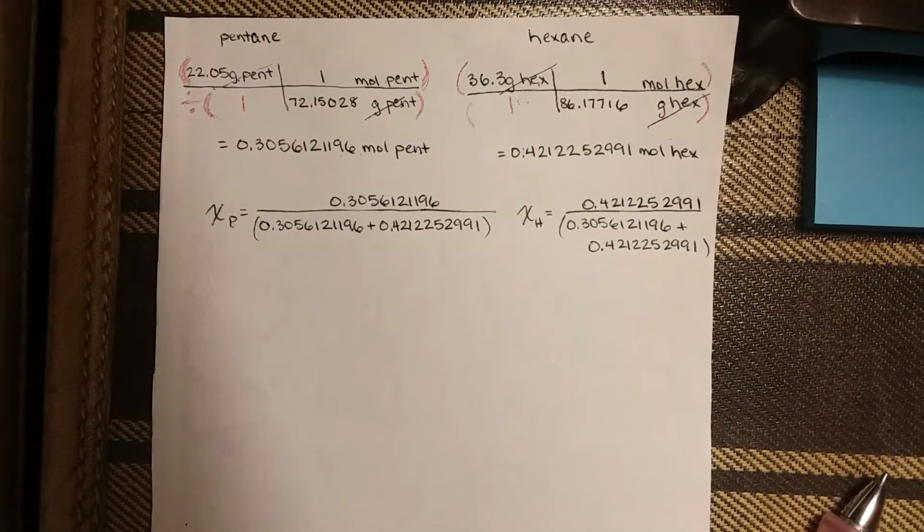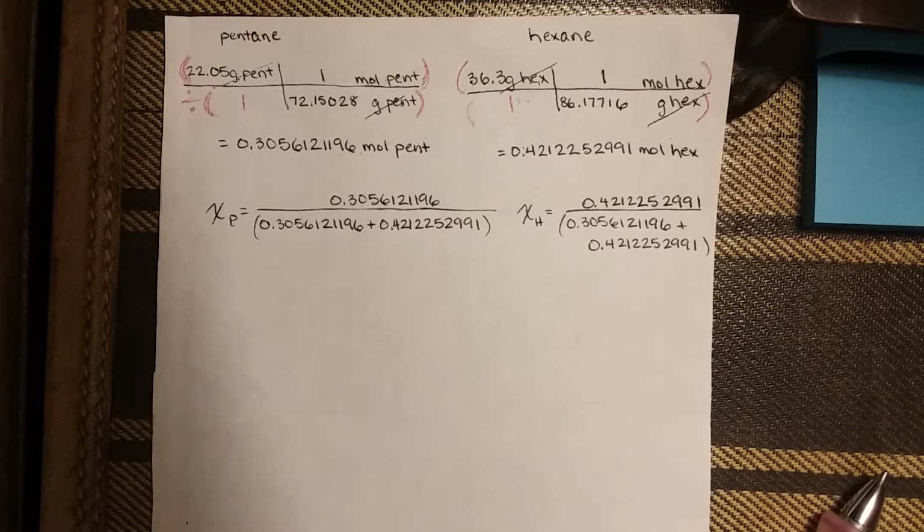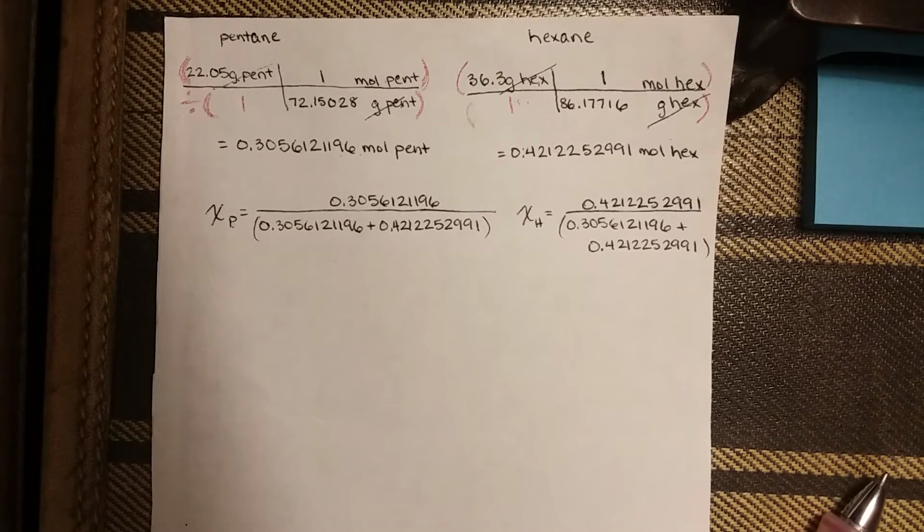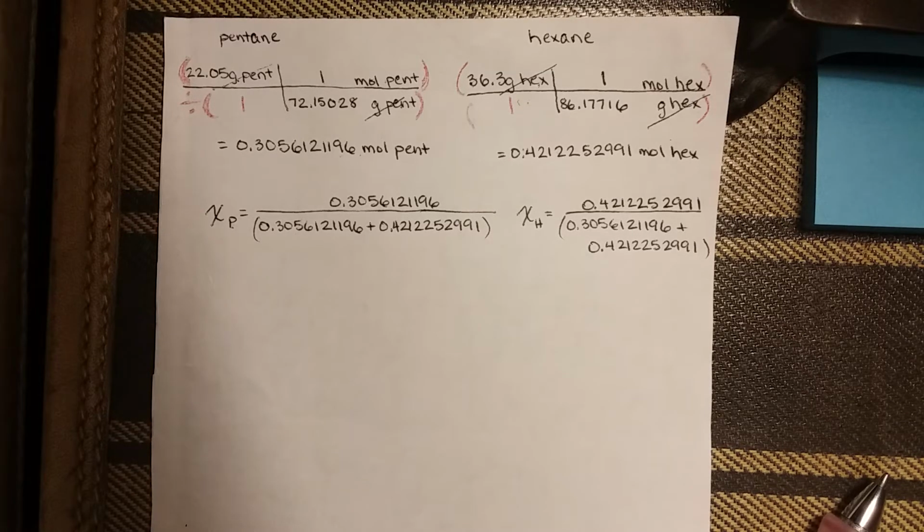All right, so mole fraction of pentane is going to be 0.305612196 divided by, open parenthesis, 0.305612196 plus 0.42122529991, close parenthesis.